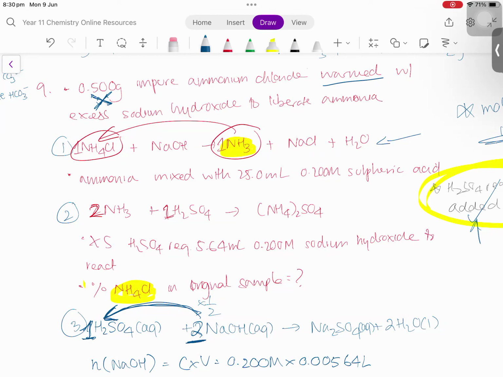grams. So my question to you is this: what do you want to do to the moles of NH4Cl that we just got? What unit do you want to turn it into as well? You also want it in grams. Good. The original sample is 0.5 grams. If you're going to express your NH4Cl as a percentage of that 0.5 grams, you should also have your NH4Cl in grams, and therefore we convert it to mass.